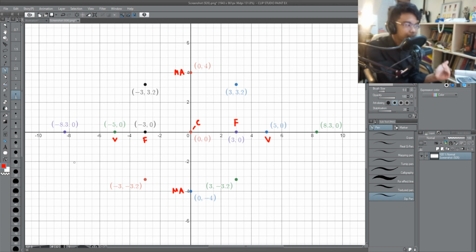You have to convert it into a decimal before you can graph it, so it becomes easier to graph. It's negative 8.3 and 0 is one of our directrix, and 8.3 and 0 is the other directrix. So the next thing that we have to find is the latera recta, or latus rectum. This is the 4 latera recta that we solved. There we go, and there we go.